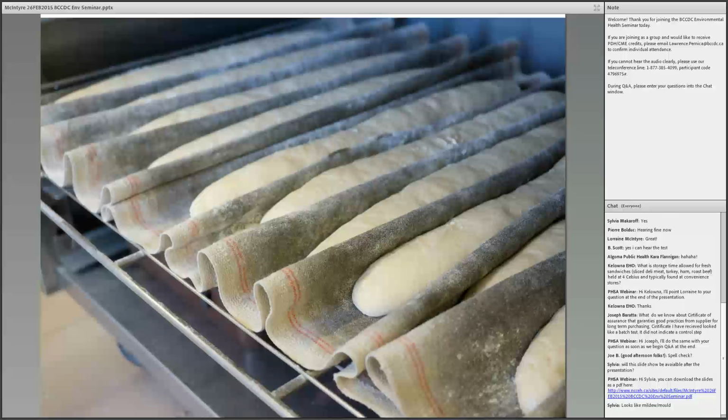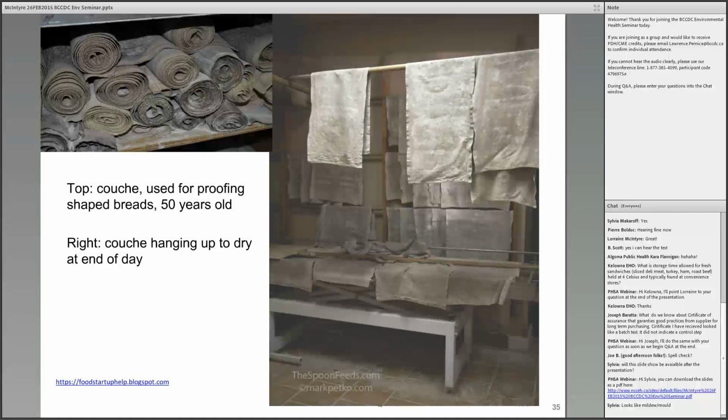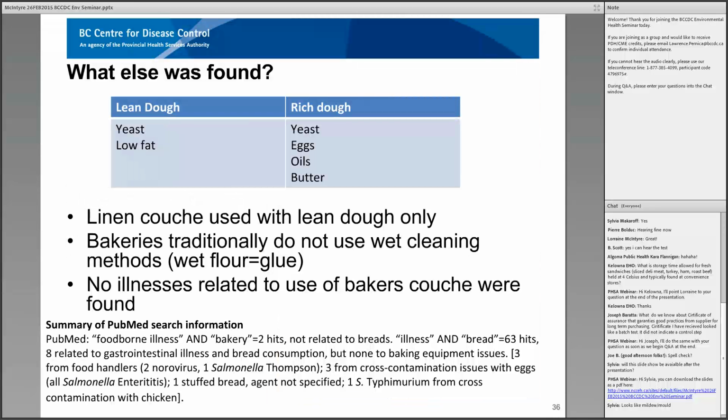So we did a bit more investigation. I have a few more pictures here. At the top, these are some couches that have been used for over 50 years, all rolled up. And on the right-hand side, these are the ones that are hanging up to dry at the end of the day. So, visually it looks kind of nasty, but is there any real risk?